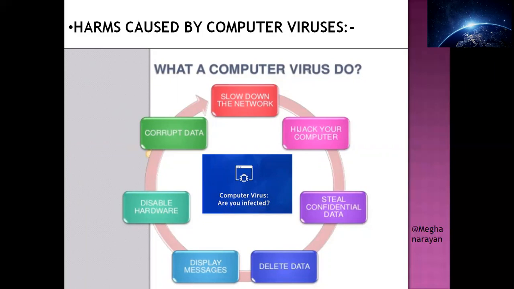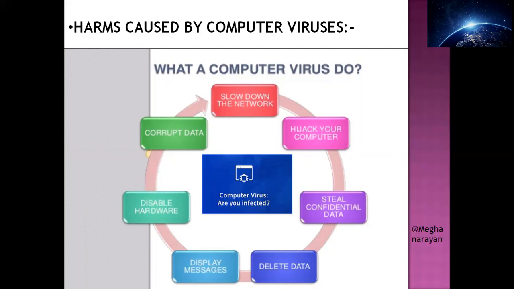Moving on to the fourth one, you can see here, delete the data. This deletion of the data is one of the harms caused by computer virus. Next is display messages. Before we move on, let me give you an example. Many times it happens on your mobile phones also, a particular sort of messages randomly appear on the screen. Randomly appear means you are not opening them.